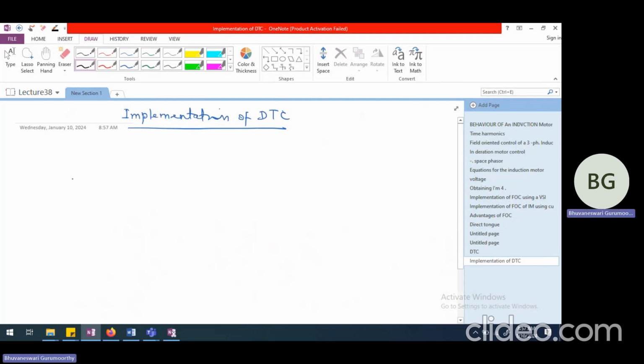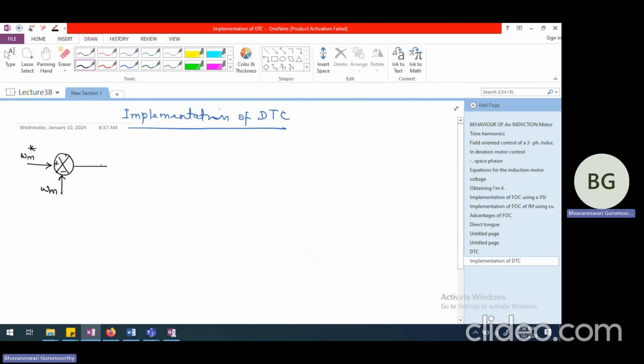So what we are looking at is that we want to run the motor at a particular speed. So we have a certain omega m reference to be reached, and the actual omega m is different from the value we want to achieve. Now there is going to be a comparator looking at the difference between these two.